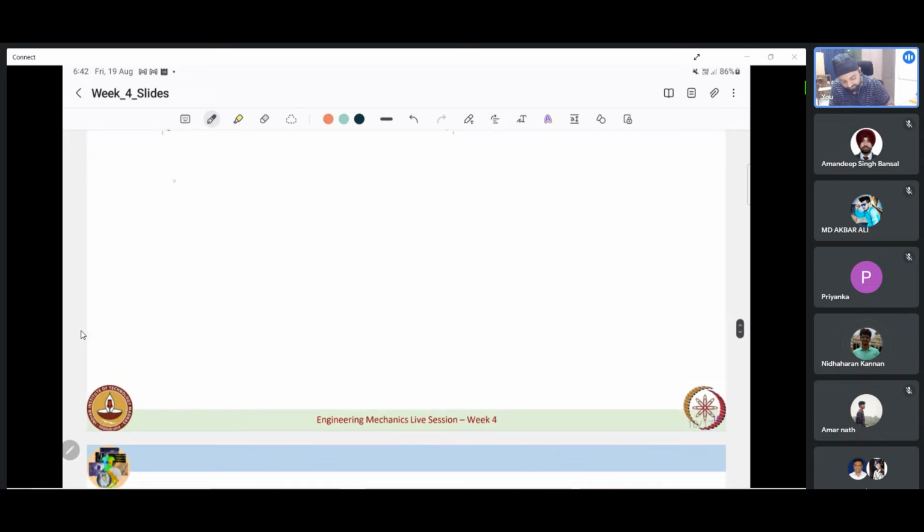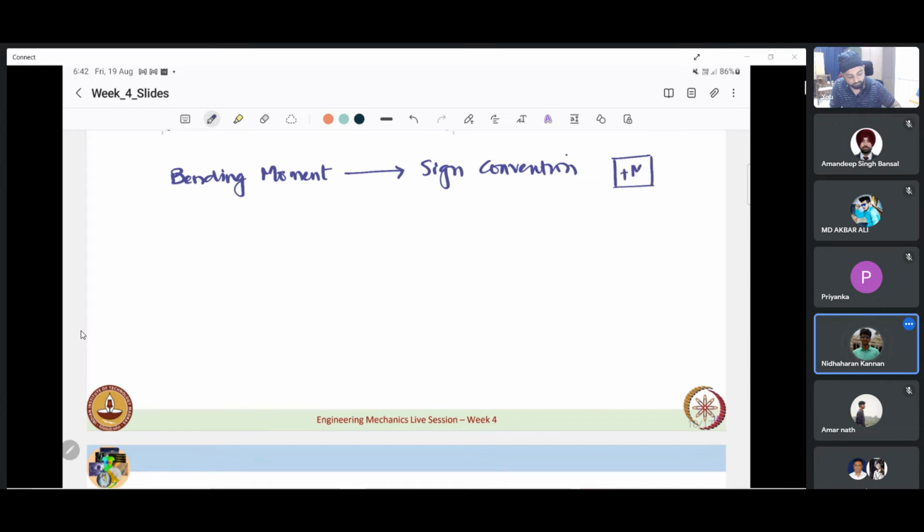So the idea is that one is called a bending moment, for which sign conventions are given, like this. What this tells us is when we take a section, depending on the surface, we just have to apply this bending moment.